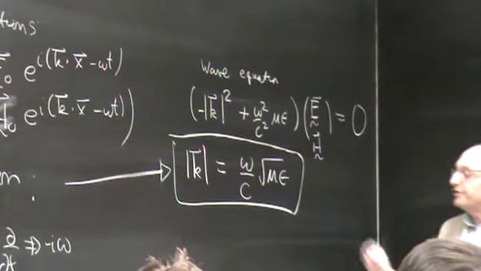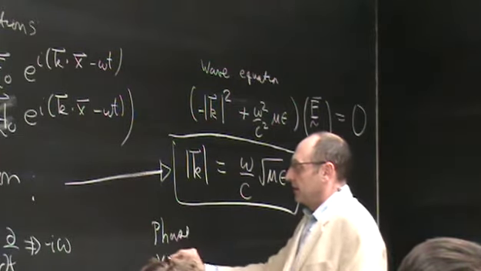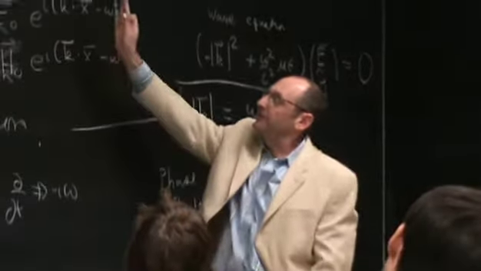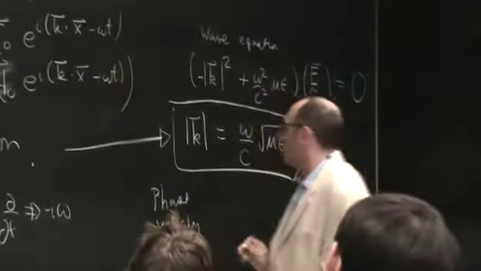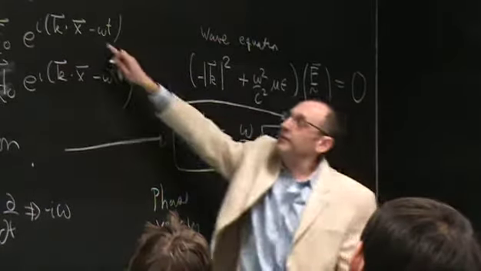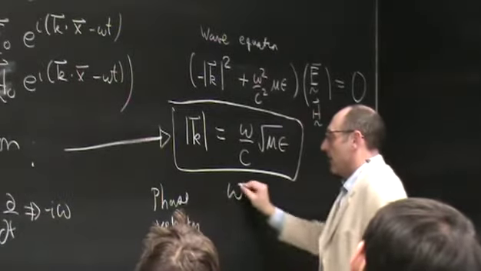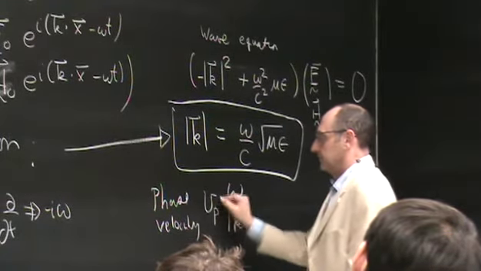Okay. Now, of course, you remember that the phase velocity of the wave, let's say the velocity with which a plane of constant phase moves, is given by, always, if we have this form, omega over the magnitude of k. That's the phase velocity.